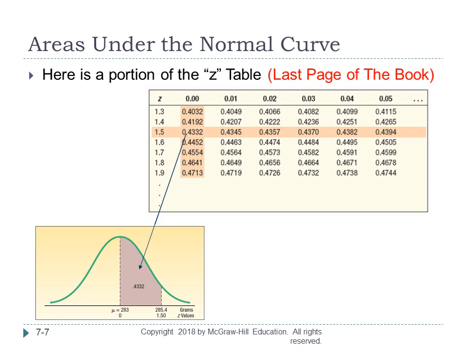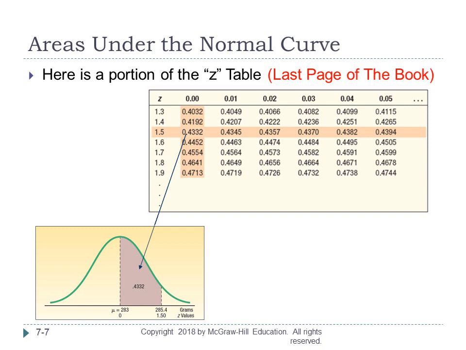If you look at the graph, this is a normal distribution. Mu is equal to 283. In the standard normal, when you convert this value to a z-value, this is 0. This corresponds to 0. The x value we want to find the probability for is 285.4.